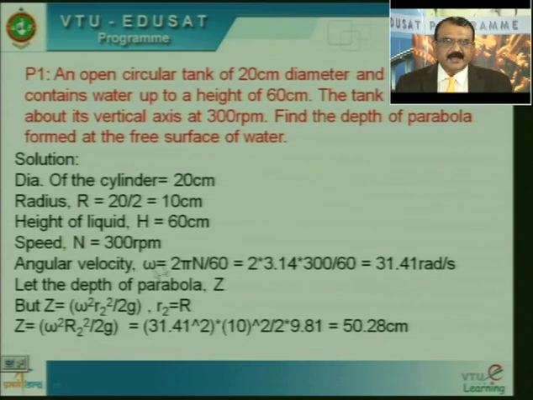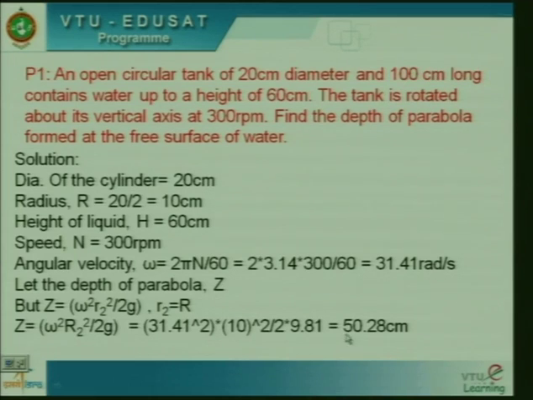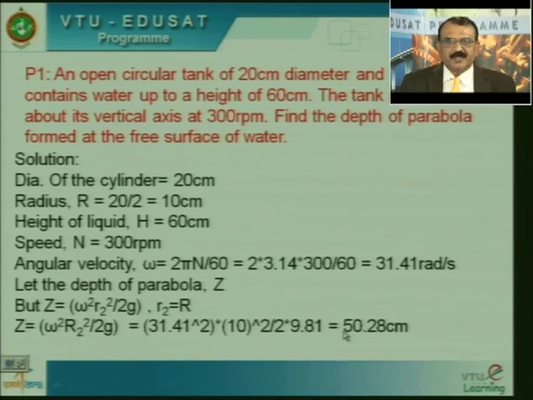The radius given in the problem is 10 centimeter, therefore 10 square divided by 2 into 981. So there is a slight correction here, kindly note this is 981. If you simplify this, you are going to get the height of the parabola as 50.28 centimeter.